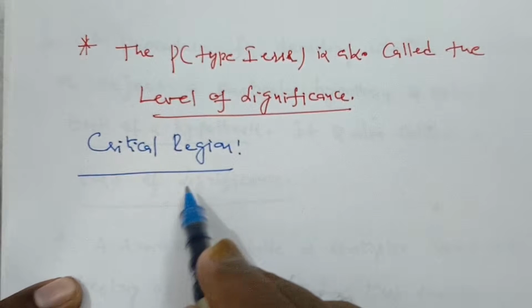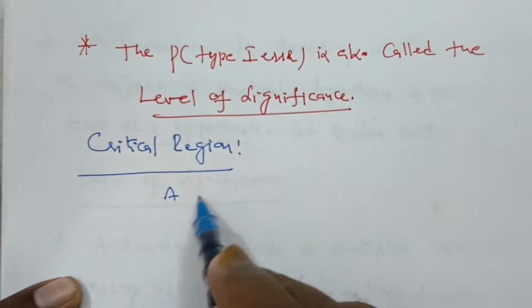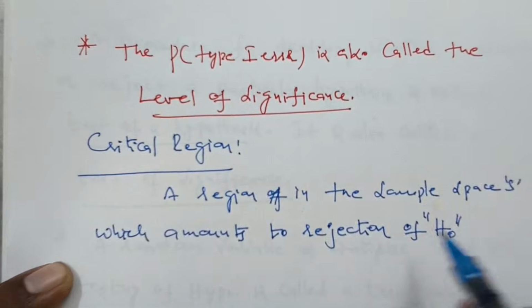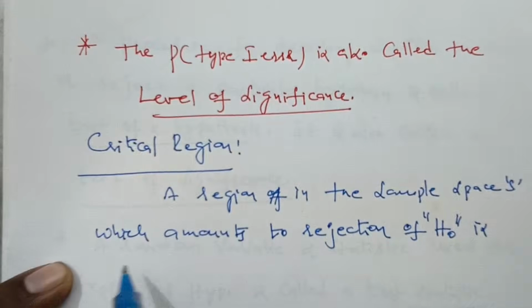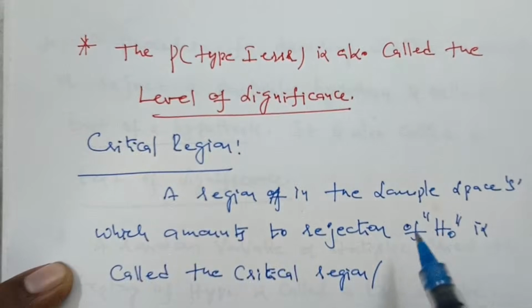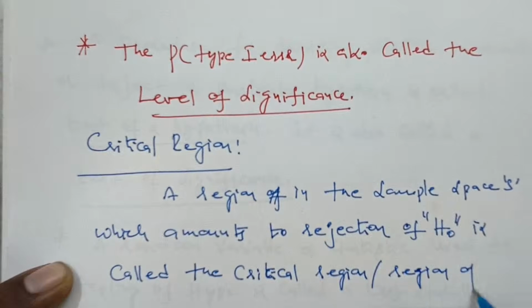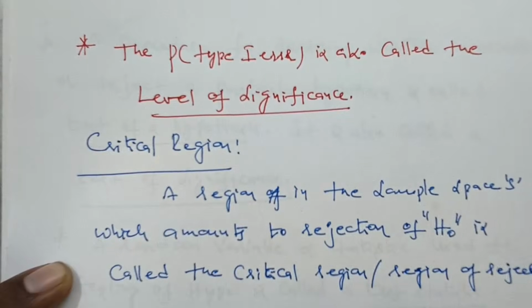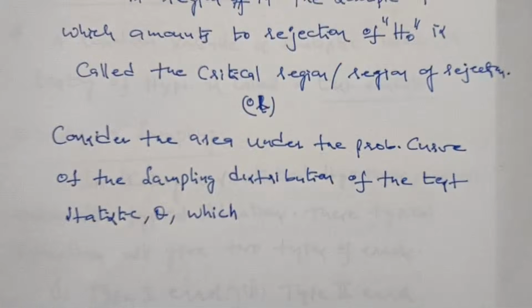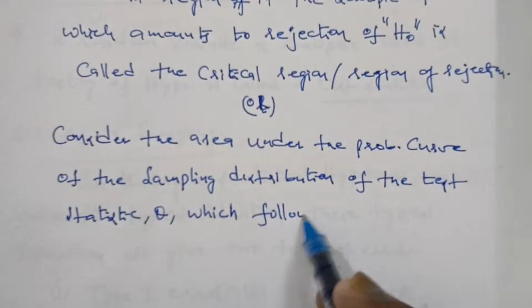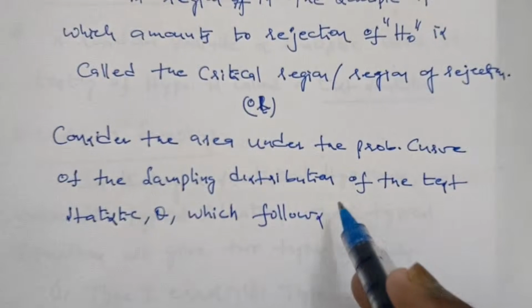What is critical region? Critical region is a region in the sample space S which amounts to rejection of H0, and is called the critical region or region of rejection.